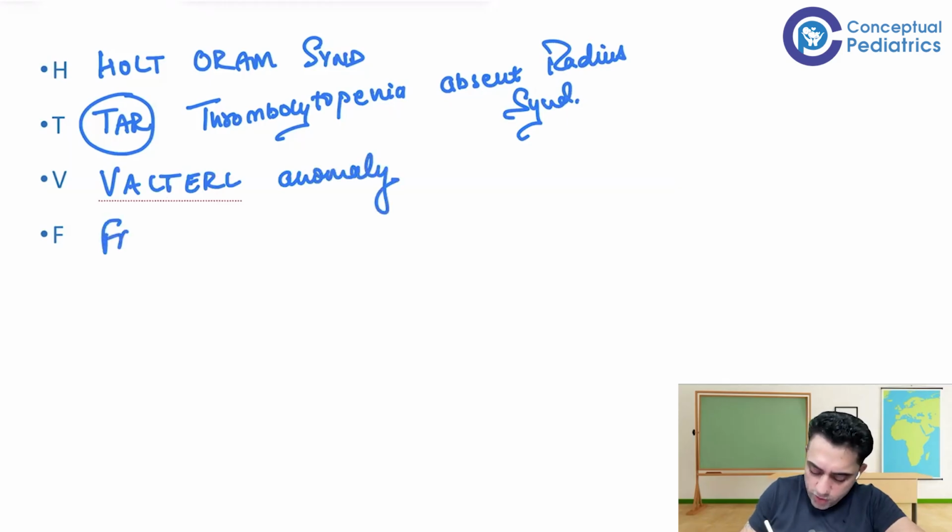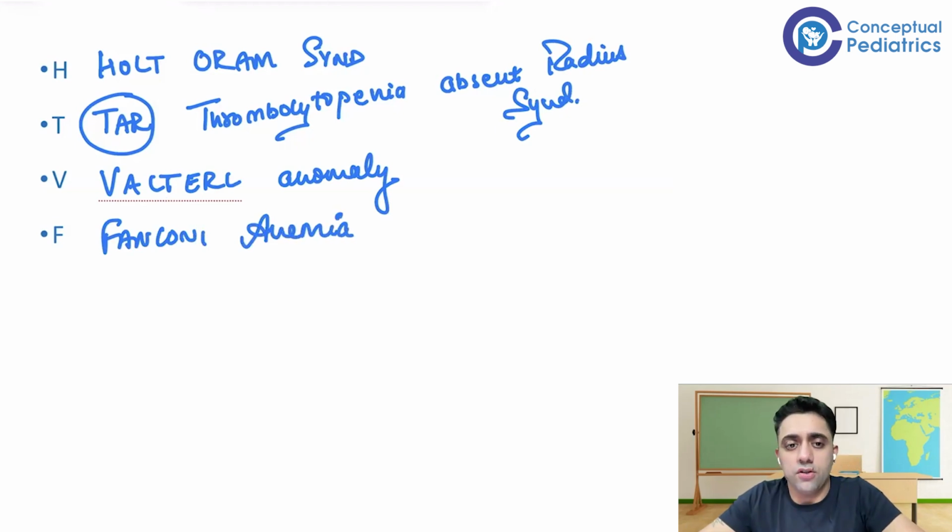And F is for Fanconi anemia. This is the last one, F for Fanconi anemia. So these four are the syndromes or conditions associated with radial deficiencies, where the radial bone is absent or there is some problem.